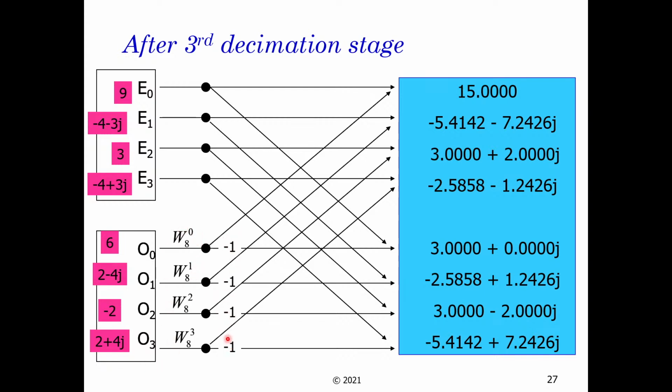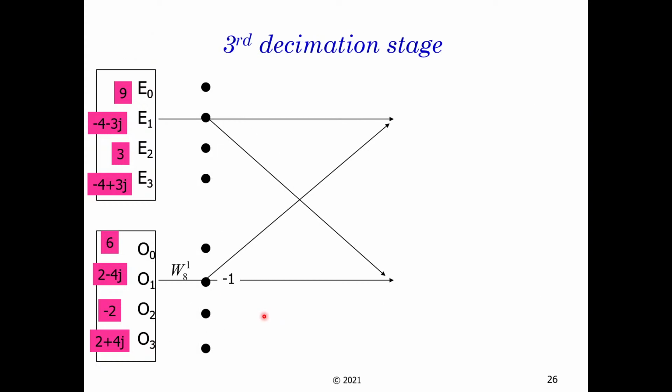Because it's 2 to the power 3, representing the third decimation stage, the twiddle factors have a base index of 8. So that's why we have W8. And then for each one going down, the index is going to be W8^0, W8^1, W8^2, and W8^3 accordingly.